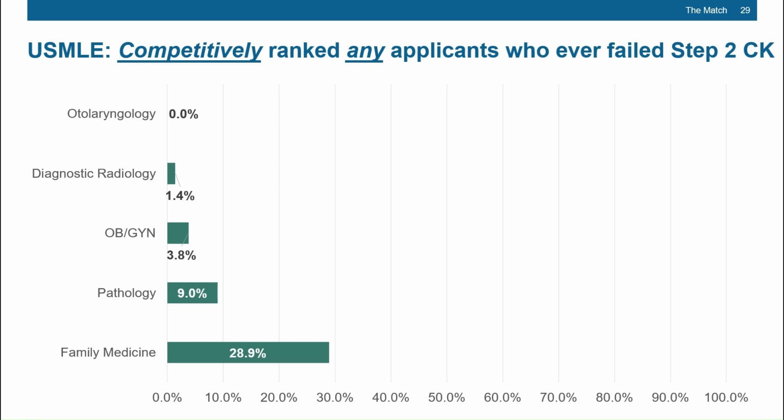However, we observe that across these 5 specialties, an even lower percentage of programs competitively rank any applicants who have ever failed Step 2 CK compared to the percentages observed for Step 1. Even pathology, which had a slightly higher percentage of programs ranking applicants who failed Step 2 CK compared to Step 1, those applicants are predominantly ranked non-competitively.